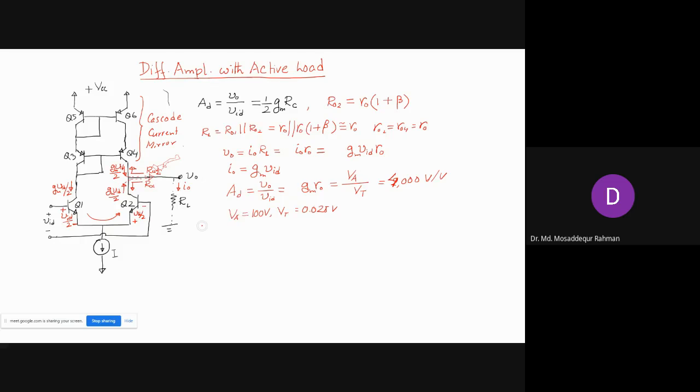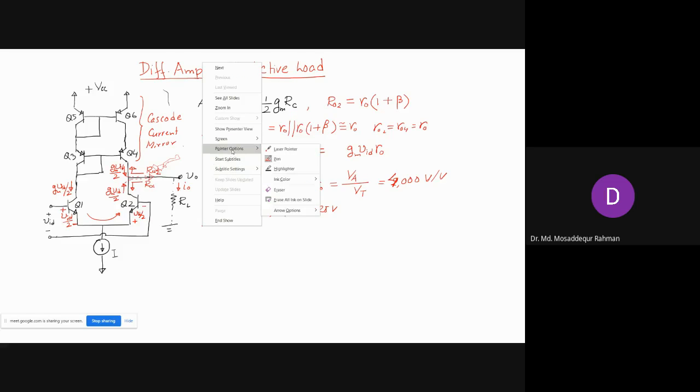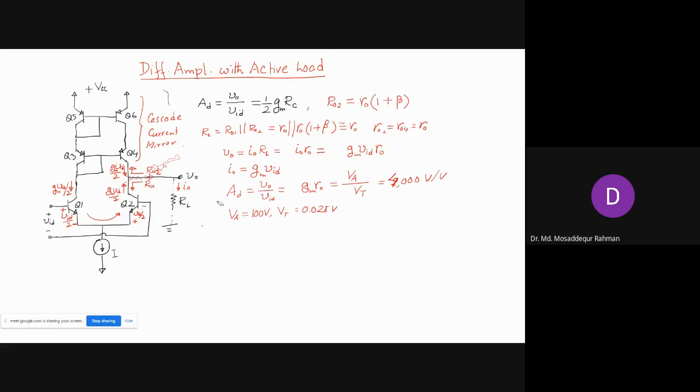So the differential amplifier also has the cascode configuration. Did you know that? No, right? So that is interesting, to see the cascode differential pair. We can show it like this.